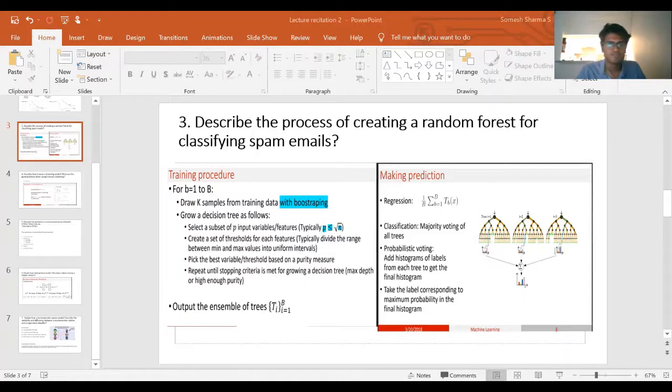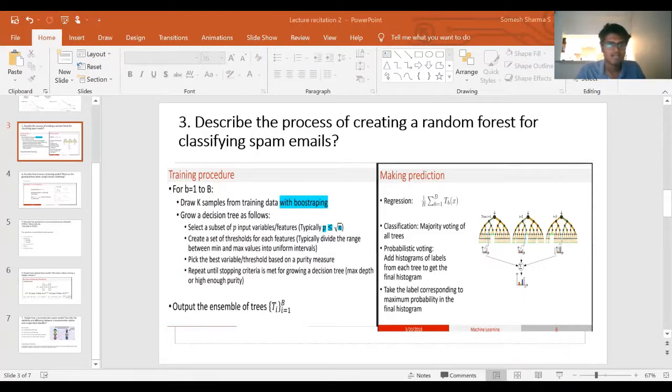We select a bootstrap sample S randomly from the training data and create tree Tb from the selected sample S using the steps I'm going to describe. The first is to select p features randomly from the total number of features, and preferably p should be very small compared to the total number of features.